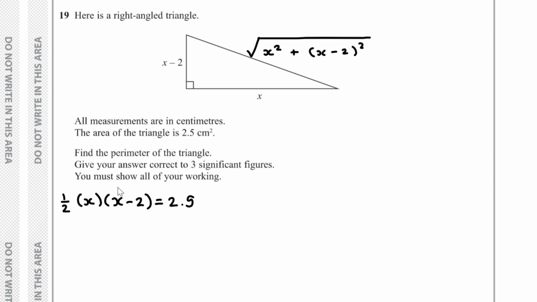So, multiplying through by 2, we have x squared over here because x times x is x squared, and then x times minus 2, that's minus 2x, and if I multiply the 2.5 by the 2, x squared minus 2x is equal to 5, from which we see x squared minus 2x minus 5 equals 0.